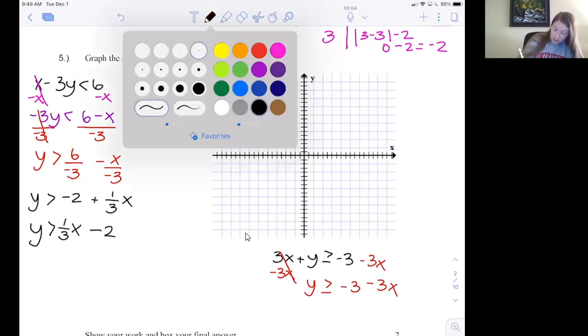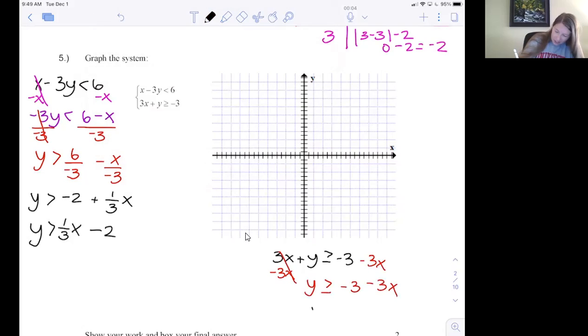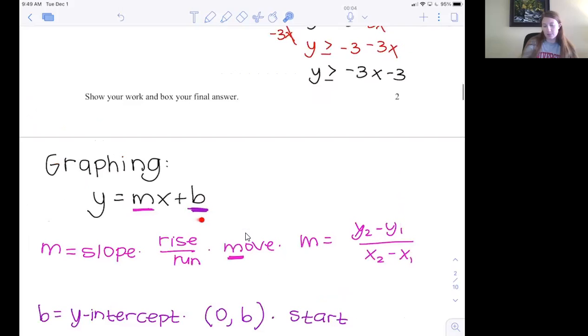Except I'm just going to put my x in front. So I've got negative 3x minus 3. You're okay to flip things, just make sure the signs stay with them. So this is a negative 3, so this has to be a negative 3. This is a negative 3x, so that has to be a negative 3x. I just like having that x in front because it's the y equals mx plus b form. It's just easier for me to see.